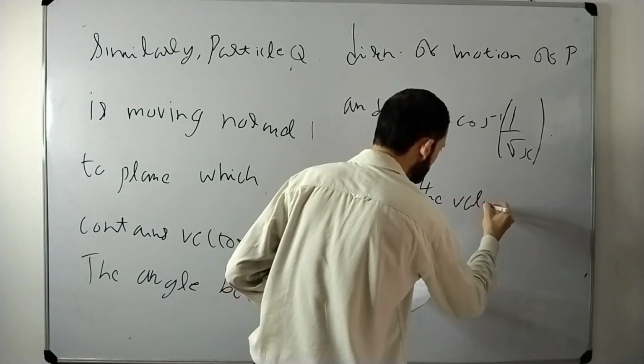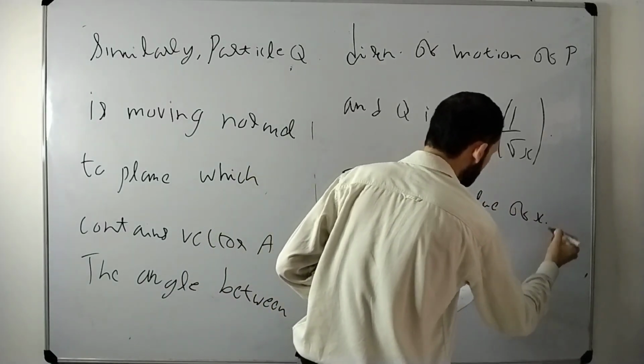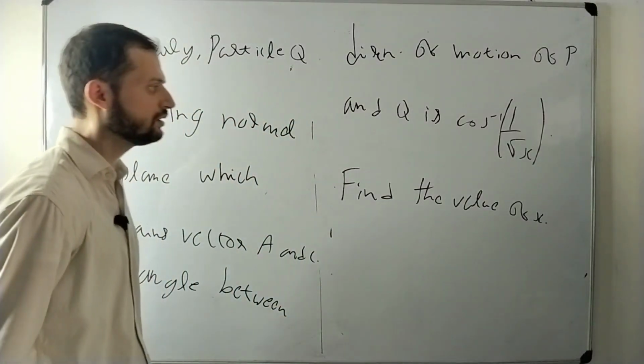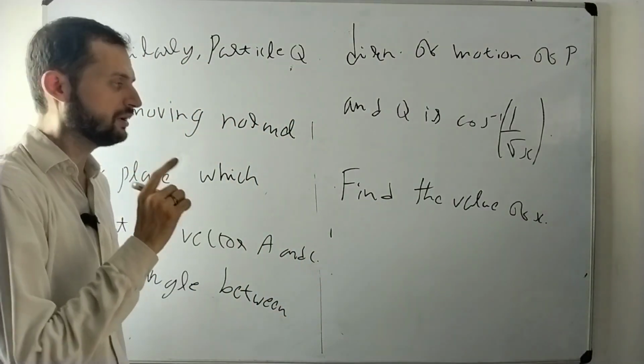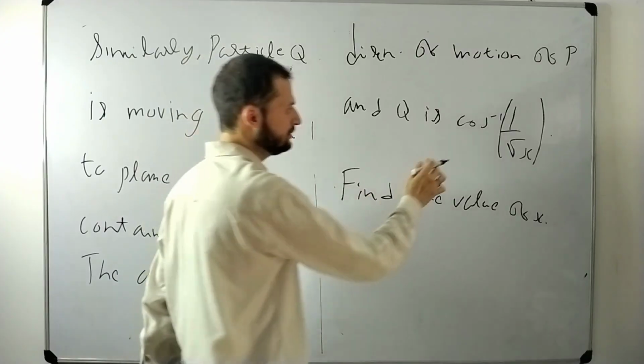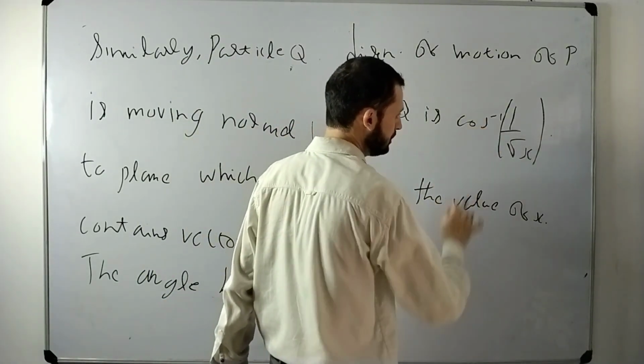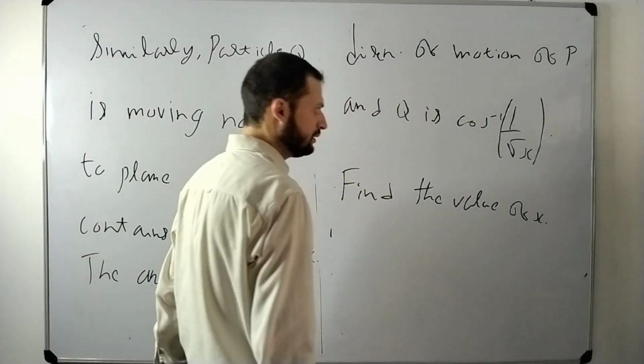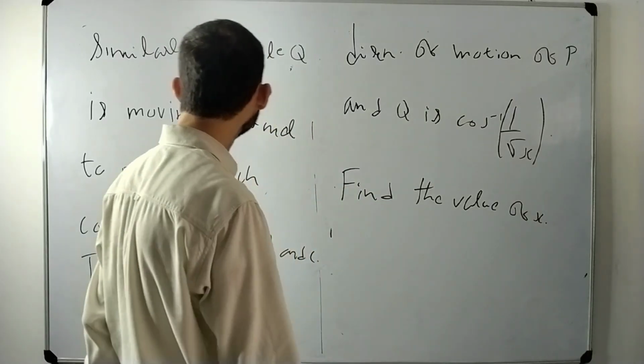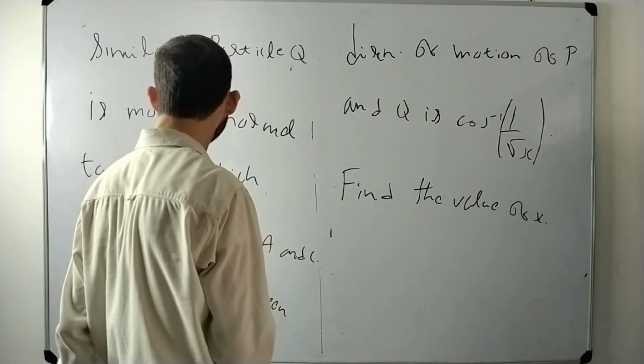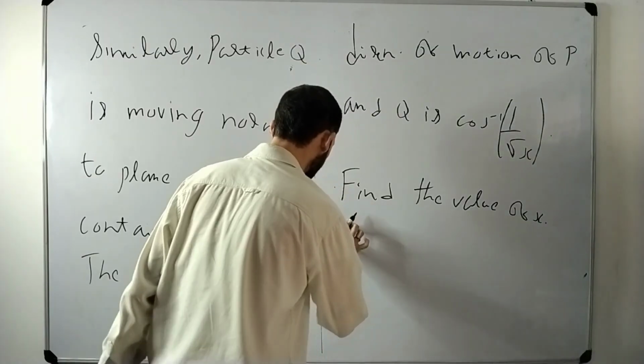Find the value of x. So listen, students, cos inverse, you might have already noticed that this is the dot product value of the two vectors. Yes, we have got this, but what about the other things that are said in the question?